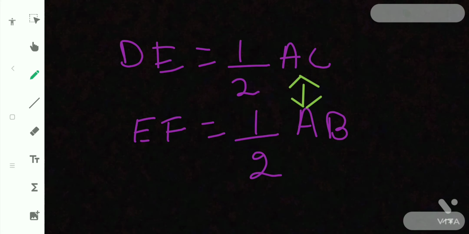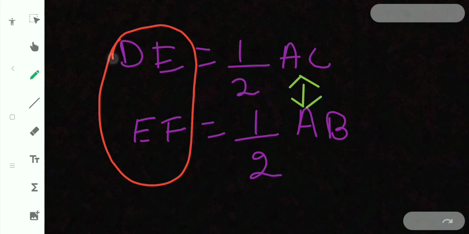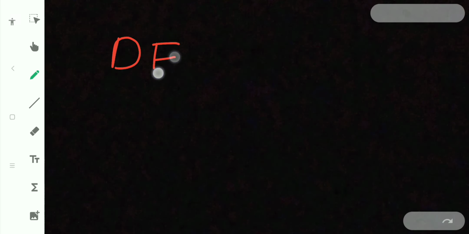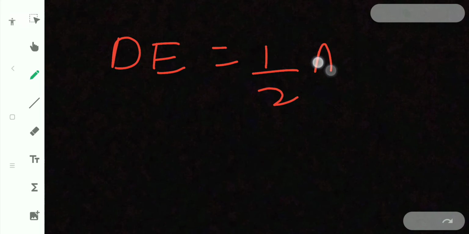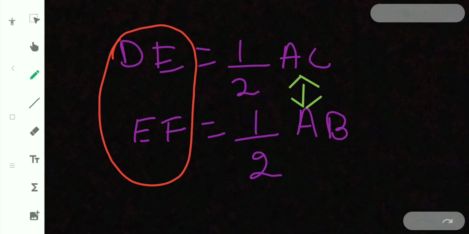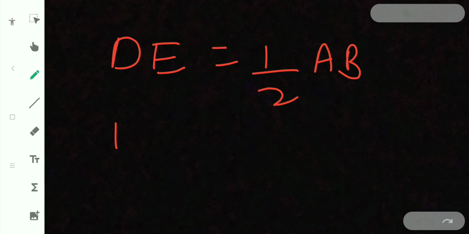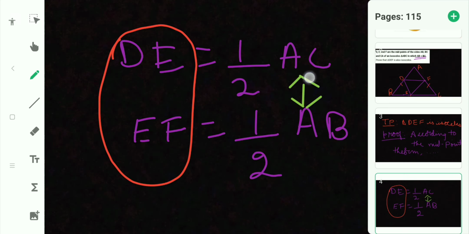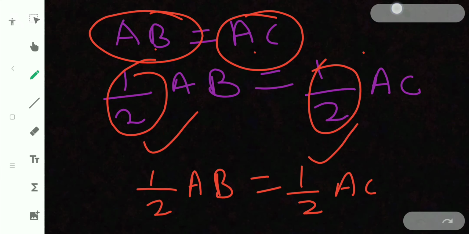So when half of AB is equal to half of AC, DE and EF also will be equal. DE is equal to half of AB, and EF is also half of AC.